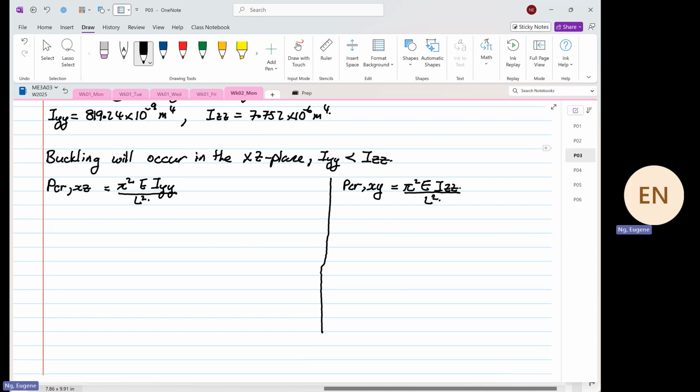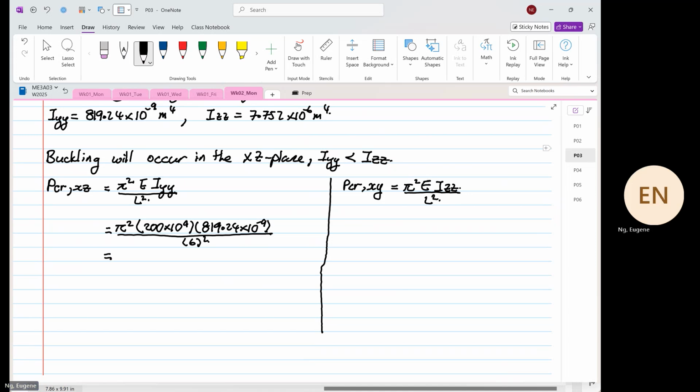So for this case, you have pi squared, Young's modulus is 200 times 10 to the power 9, IYY is 819.24 times 10 to the power minus 9, and the length is 6 squared.